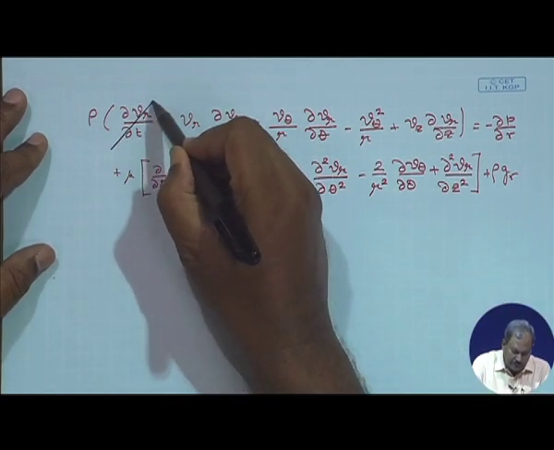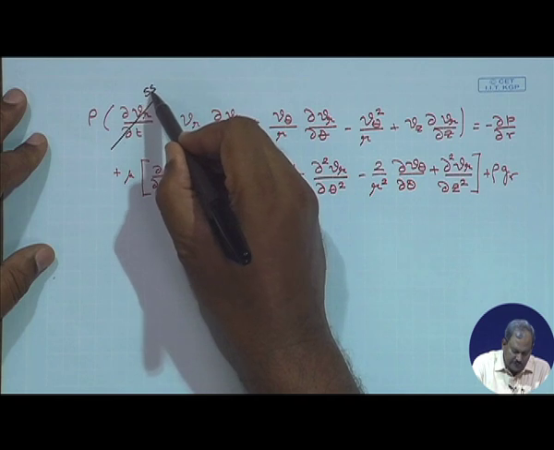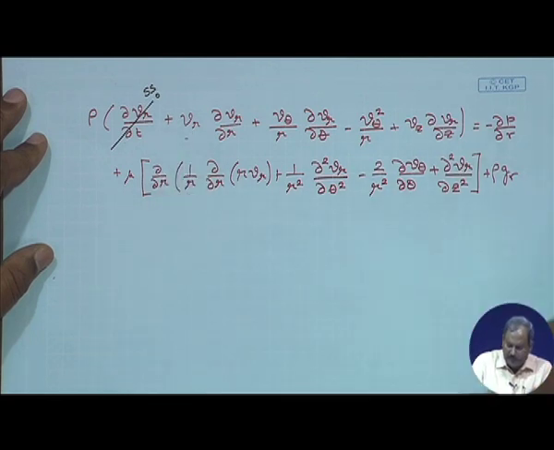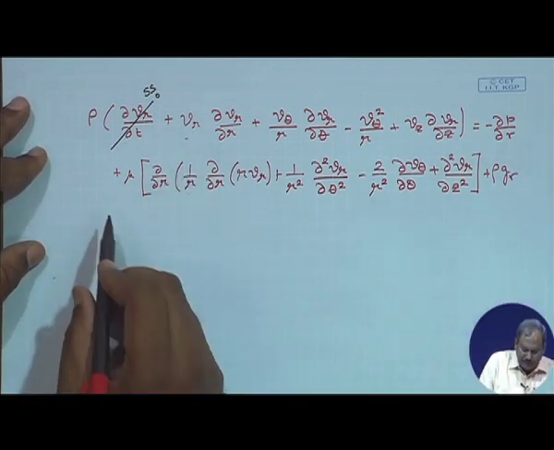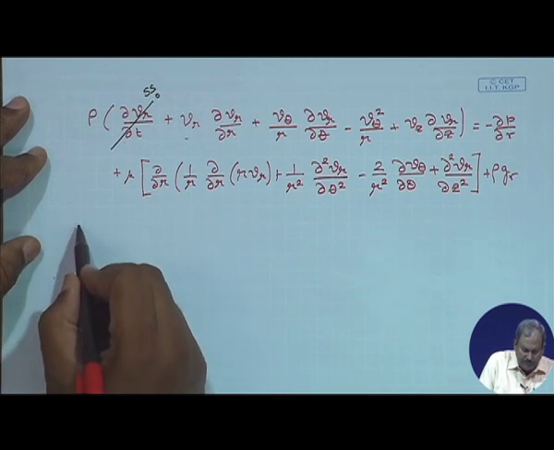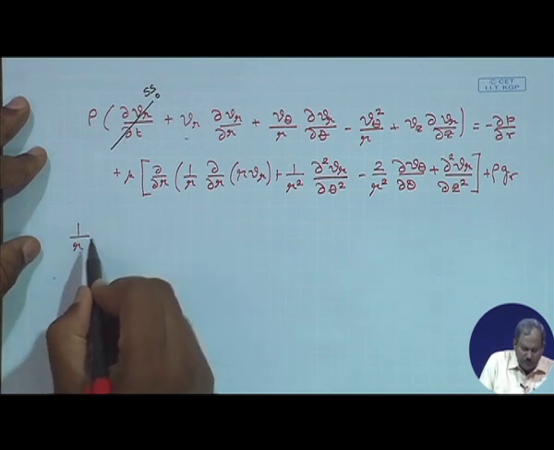First of all, it is a steady state, so this is equal to 0. Vr does not vary with t. I would also write the continuity equation just for our reference, which was 1/r d/dr of (r Vr) equal to 0.